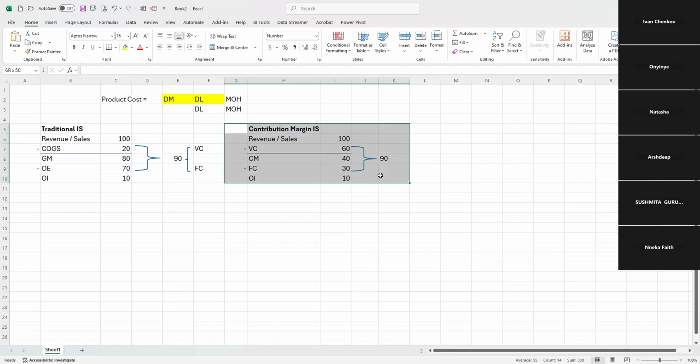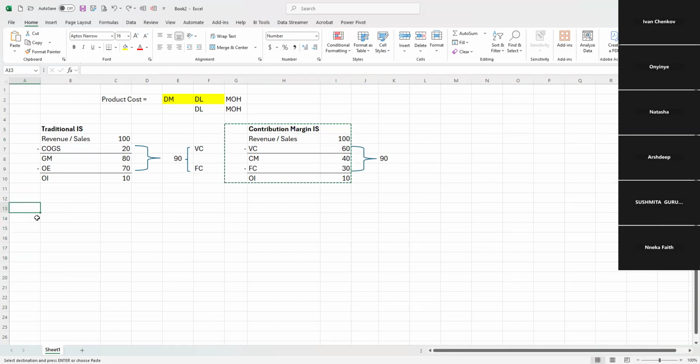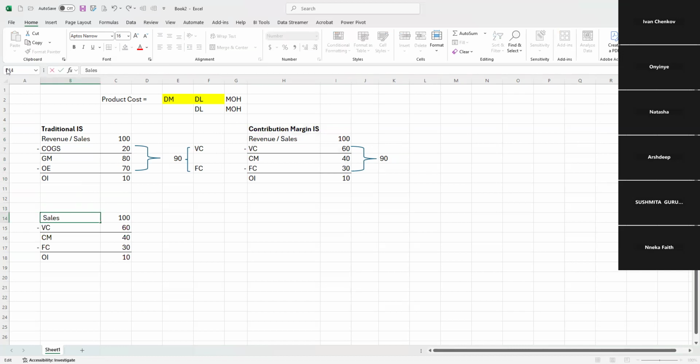Let me grab it actually. I need only this part. Let's put it here. Let's go with the sales only. Let's drop this revenue and stay with sales. I have sales, I have variable cost. Let's pretend that at this point I'm selling only one unit.